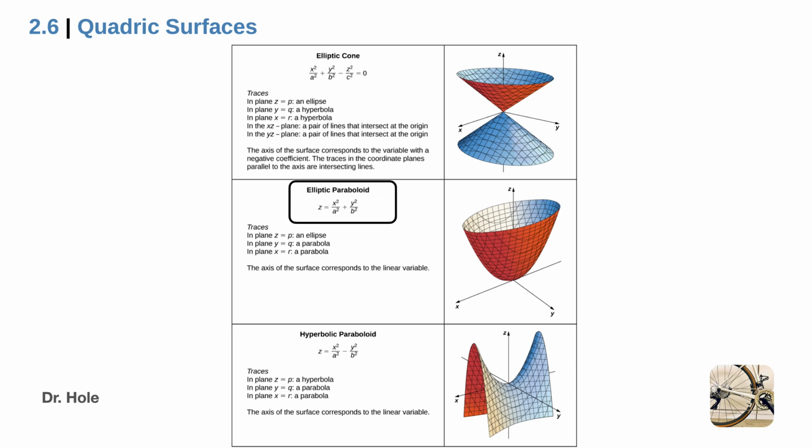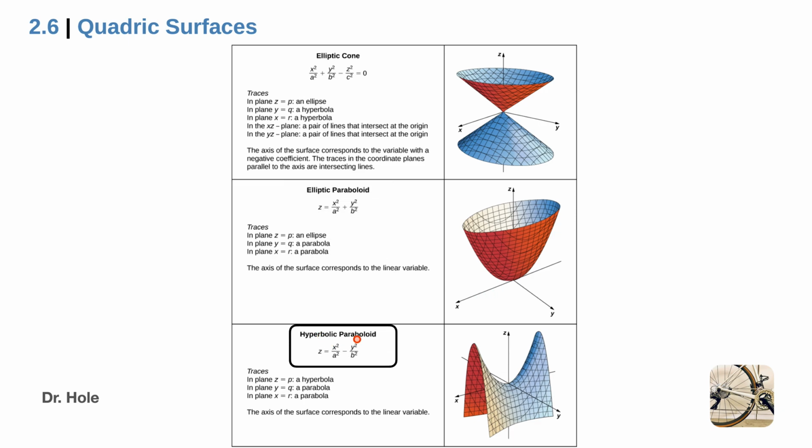The remaining 2, the elliptic paraboloid, has a variable isolated and appearing linearly. We've seen this one earlier. The variable that's isolated corresponds with the axis of symmetry. And this one is set equal to a sum of squares and thus cannot be negative.